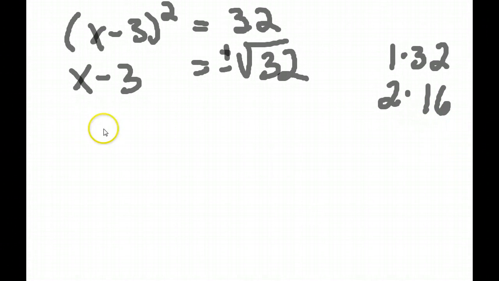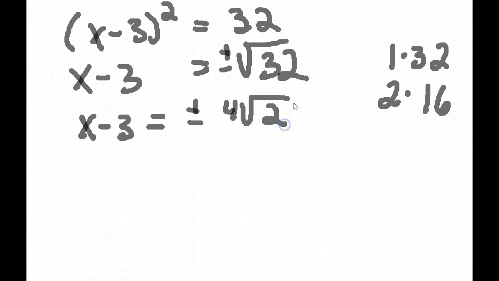So we can pull that out. If we pull out that 16 from the radical, what does it come out as when we take the square root? 4. Right. And now on the left we have x minus 3 equals plus or minus 4 radical 2, because that 2 is still under the radical sign. 32 simplified is 4 radical 2.